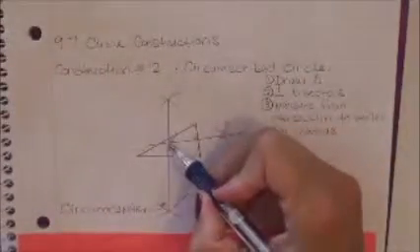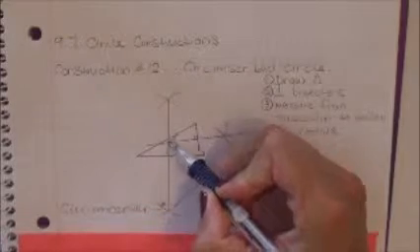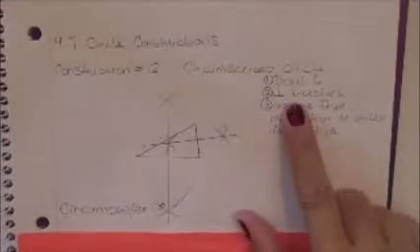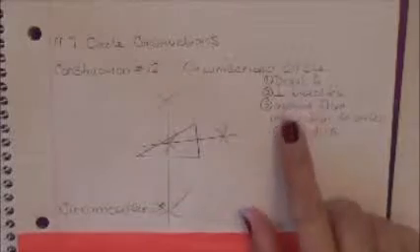Okay, so my point of intersection is right here, and that is called a circumcenter, if you remember your vocabulary from earlier sections, when I have the concurrent lines. So now I did my perpendicular bisectors. Remember, I only needed to do 2.